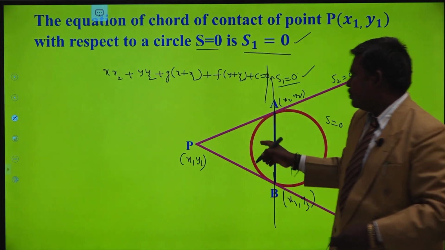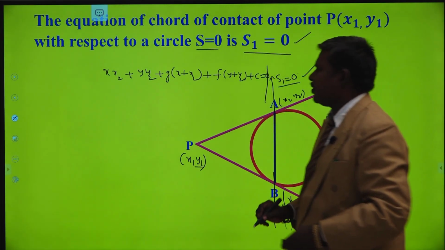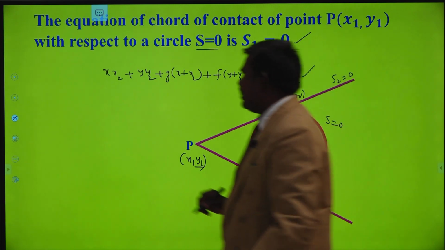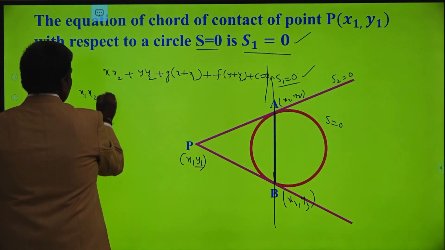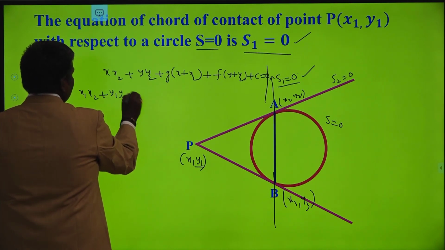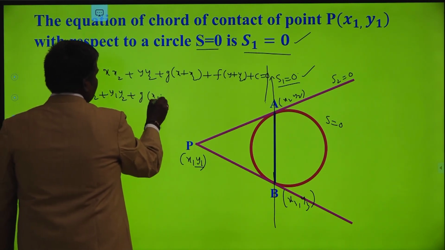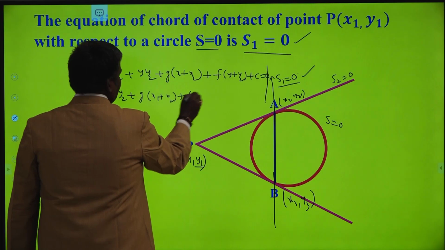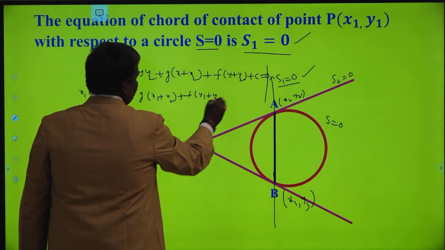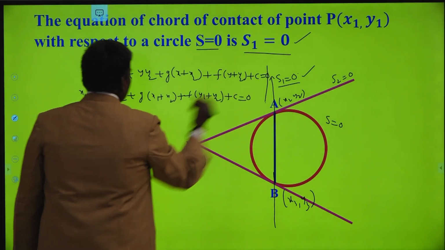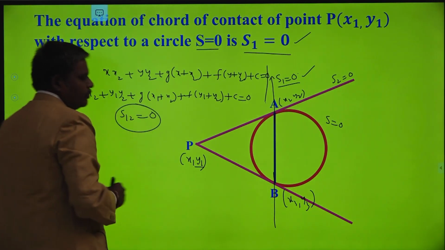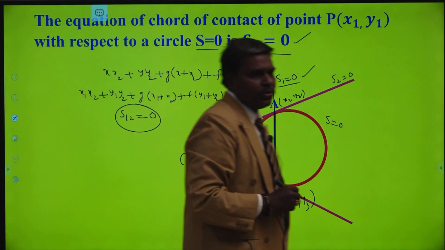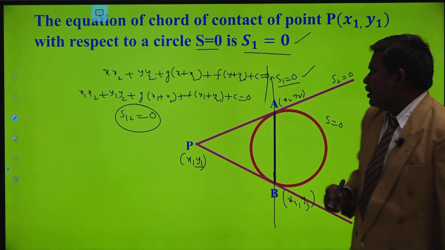This tangent is passing through the point (x1, y1). So x1 x2 + y1 y2 + g(x1 + x2) + f(y1 + y2) + c = 0. What does it mean? It means S12 = 0. It is the condition S12 = 0.